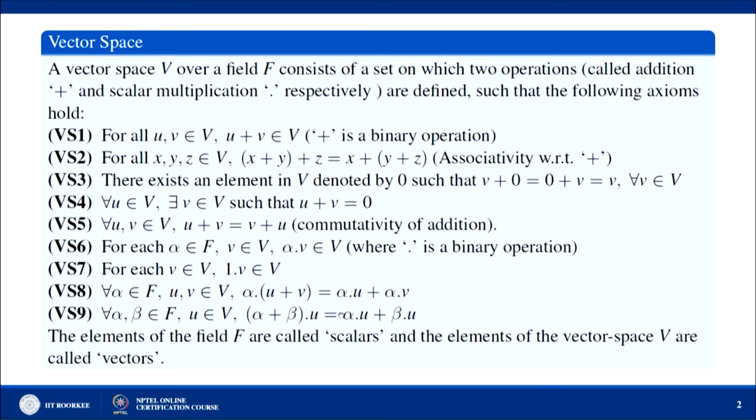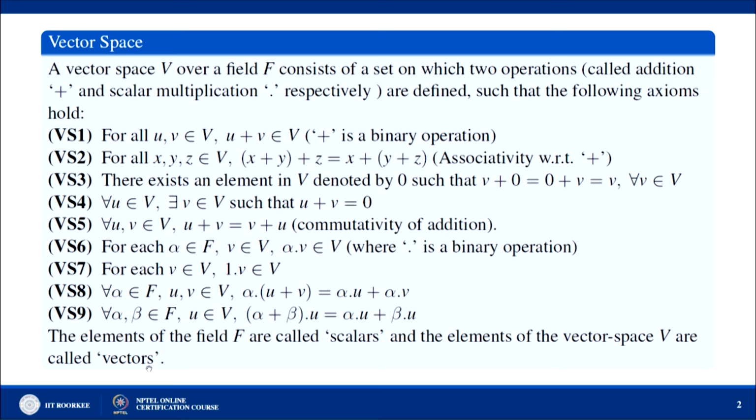So, if a vector space V over the field F with respect to addition and scalar multiplication dot satisfies these 9 properties, then we say that it is a vector space over the field F. Now, the elements of the field F are called scalars, and the elements of the vector space V are called vectors.